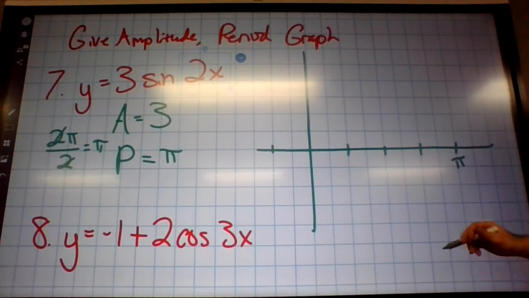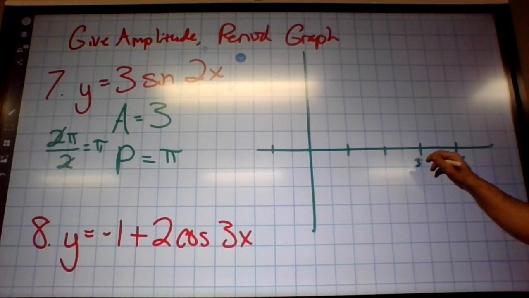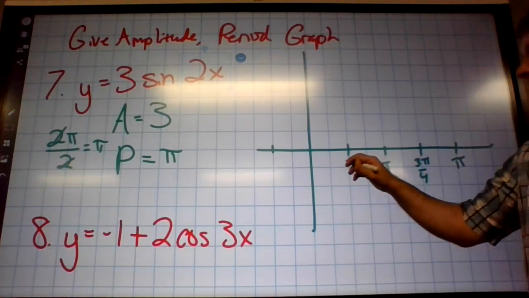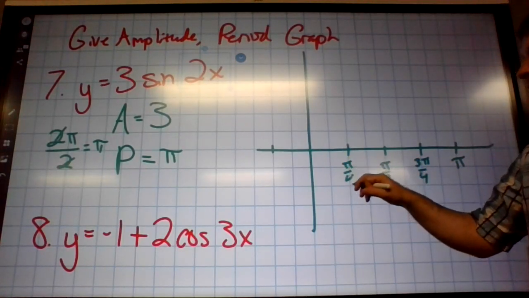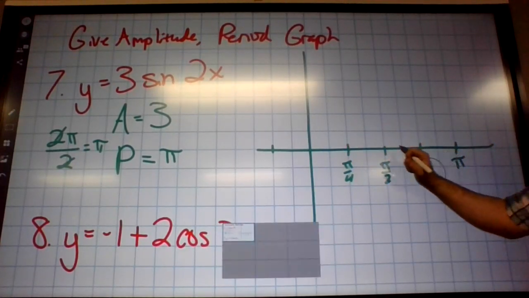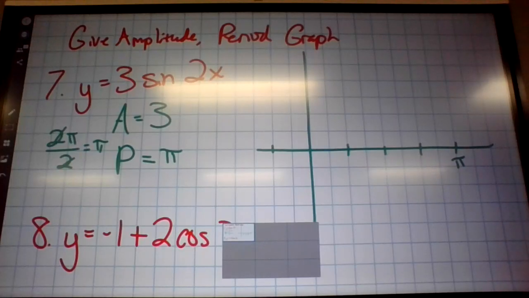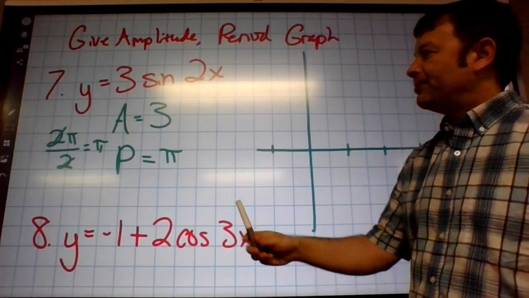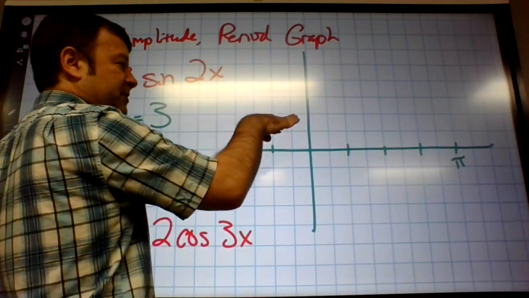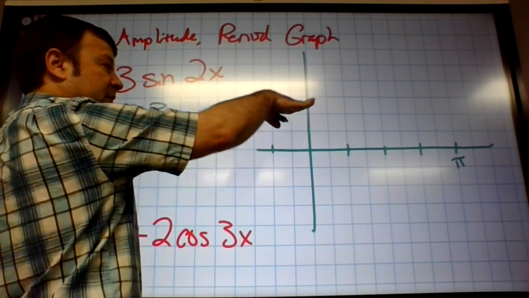On the worksheet we did, they marked all these out, like 3 pi over 4. That's okay, we don't have to do that. We're basically counting by quarter pis. The amplitude is 3. And on this first one there is no vertical shift, right?